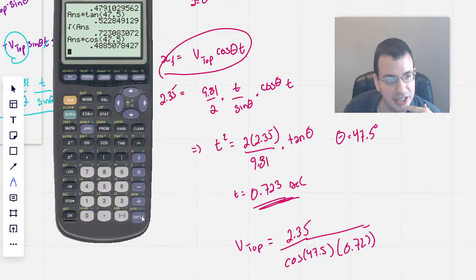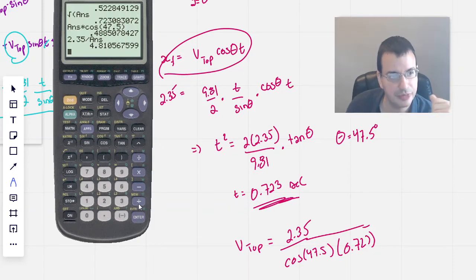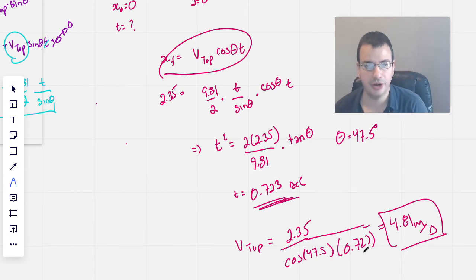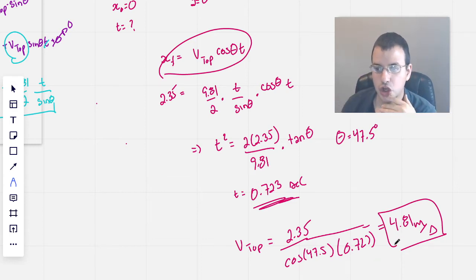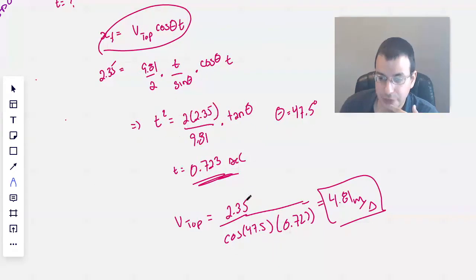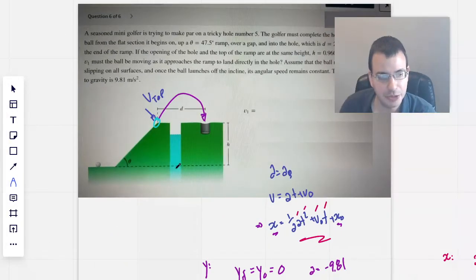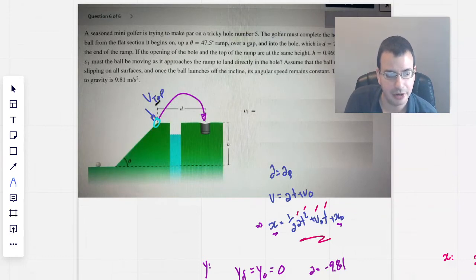That gives us the denominator. So we'll do 2.35 divided by second answer. Now we get 4.81. So the velocity, or the speed is a better way of phrasing it, because velocity has a direction, is 4.81 meters per second. All right, so that is our first point of data that we have up here. So V top equals 4.81 meters per second.